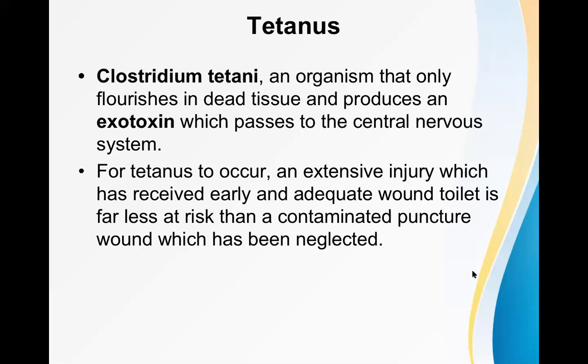So a very bad type of wound, for example road traffic accident, with a little bit of contaminated soil there. Because of the very bad wound, there may be disturbance in blood supply, and some amount of muscle or soft tissue may be dead. That is a perfect site for the proliferation of anaerobic organisms like Clostridium tetani.